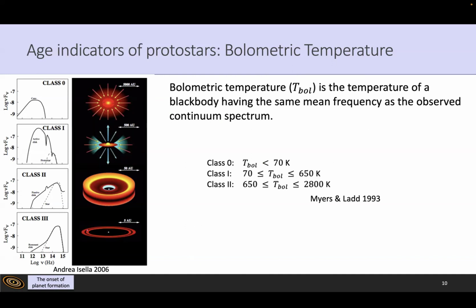Imagine you overlay a black body curve on top of the SED, which gives you a bolometric temperature. As the system evolves, the bolometric temperature increases over time. This was proposed by Myers and Ladd in 1993. They used the bolometric temperature to divide into Class 0, Class 1, and Class 2.